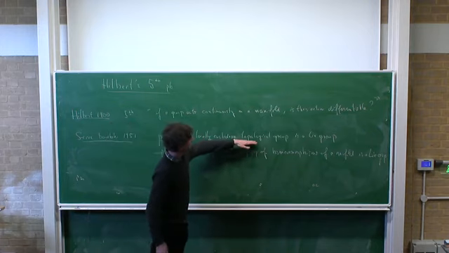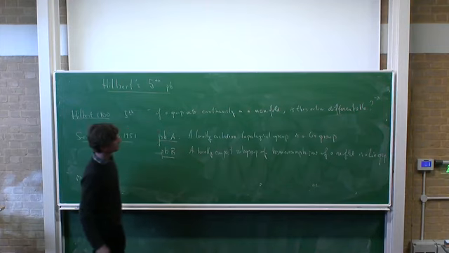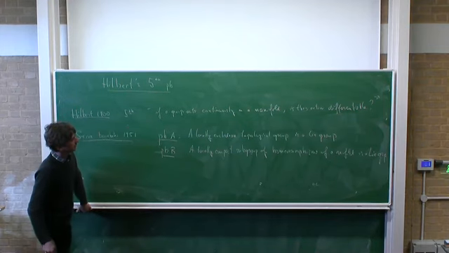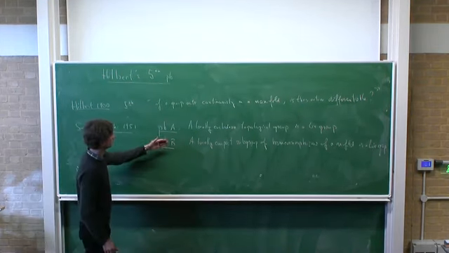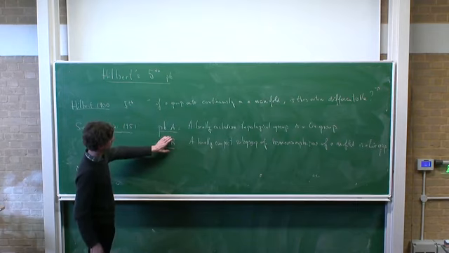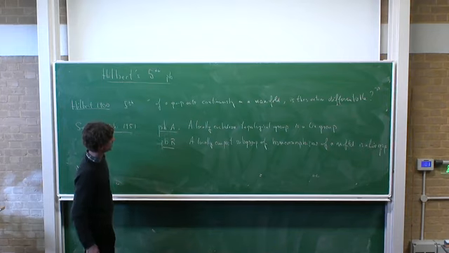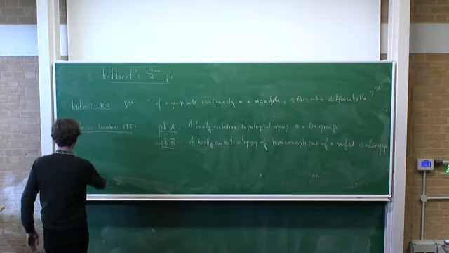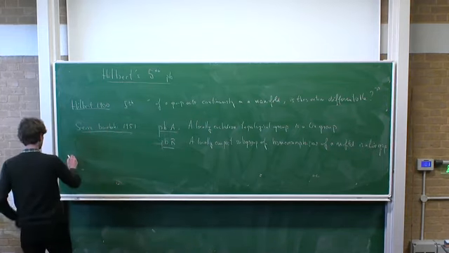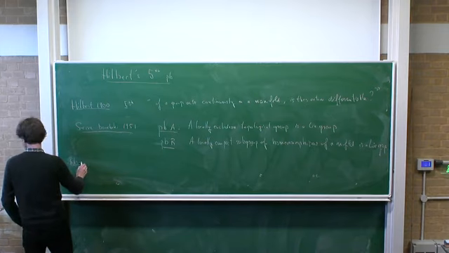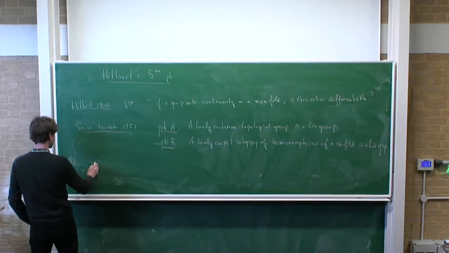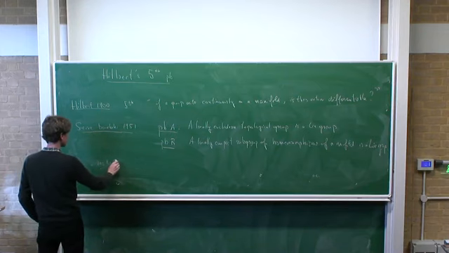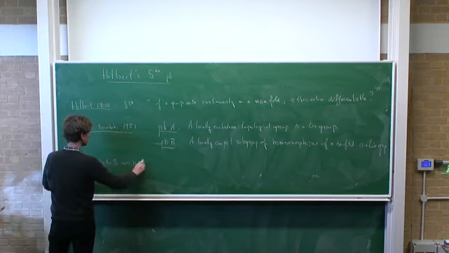So it makes this topological group into a manifold. And so if you know the positive answer to problem B, you get a positive answer to problem A. So some remarks. First of all, B implies A.